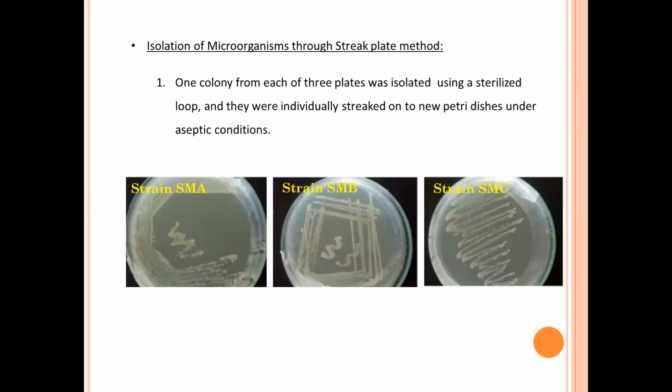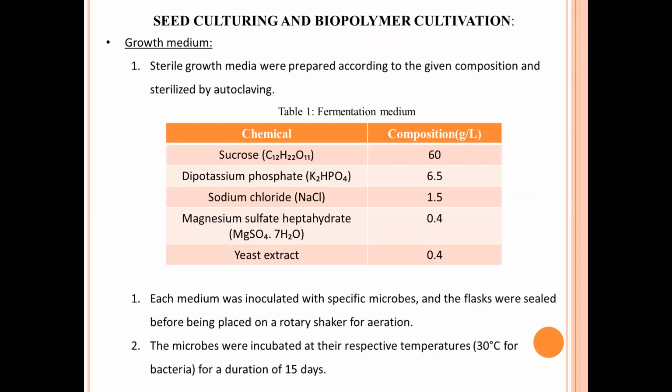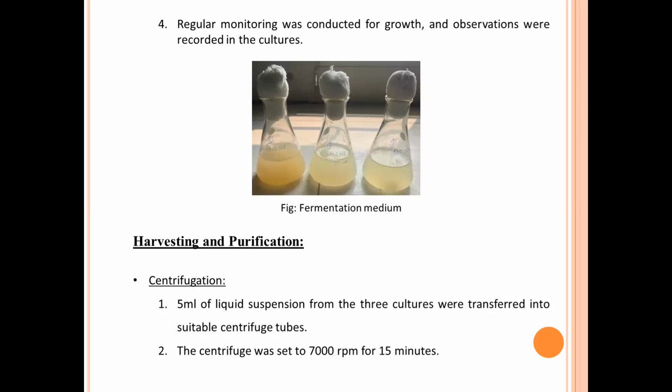These strains were again individually streaked on new petri plates to get pure culture. For the growth medium, we prepared 3 flasks of 100 ml fermentation media according to the composition given here. The three strains SM-A, SM-B, SM-C were inoculated into the 3 flasks respectively and fermented for approximately 15 days on the orbital shaker.